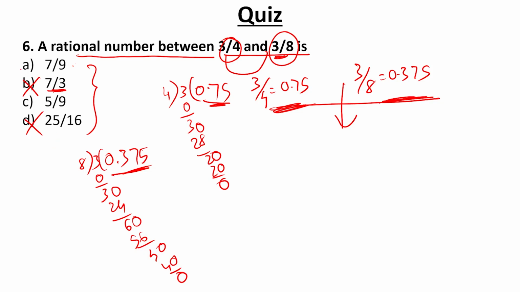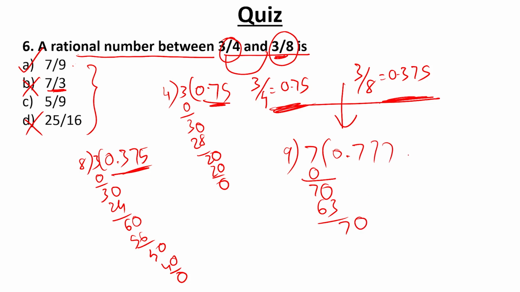Let's try with the value here. 7 divided by 9, 0 is 0, 7, 0. And then here, 7 nines are 63. We get the value of 7 and again 0, and it keeps on going like that.